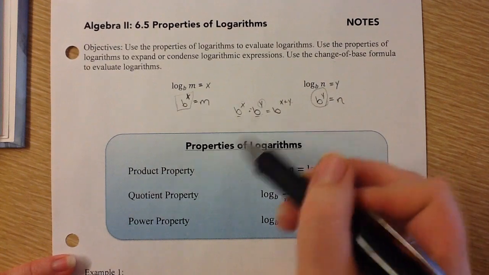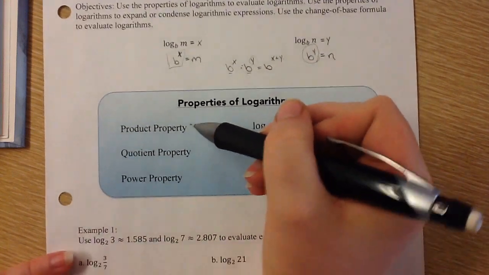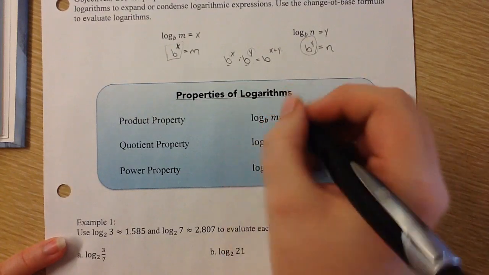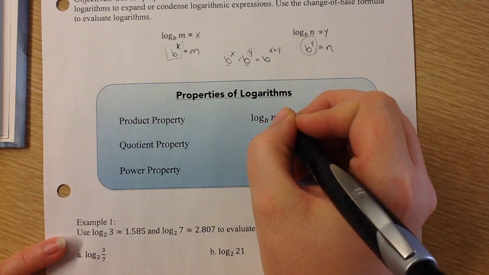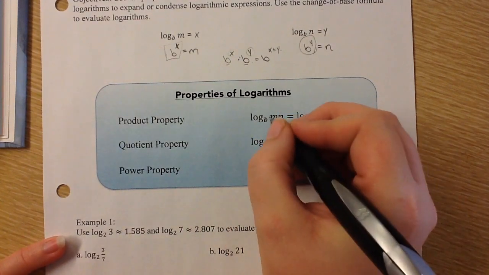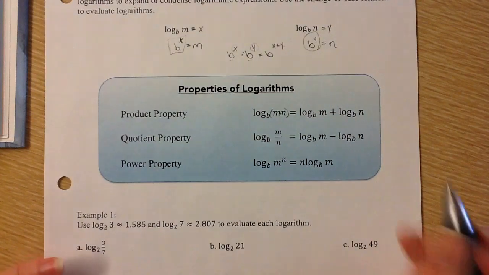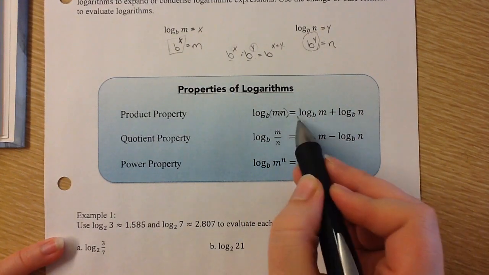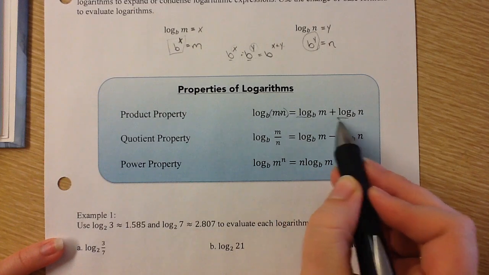That leads us into our first property of logs, the product property. If I have log base b of m times n, I'm taking the log of this whole piece, and I can split this into two separate logs.